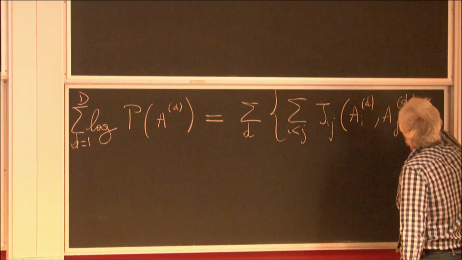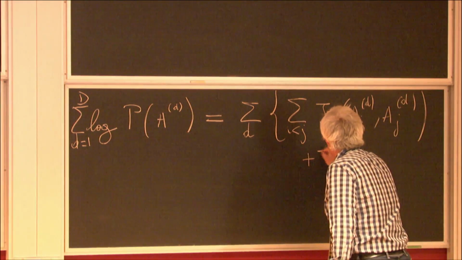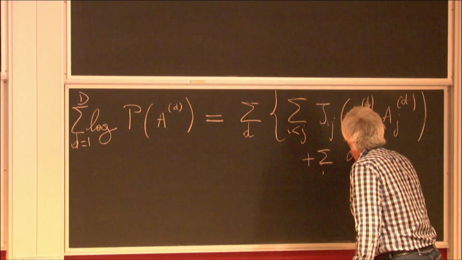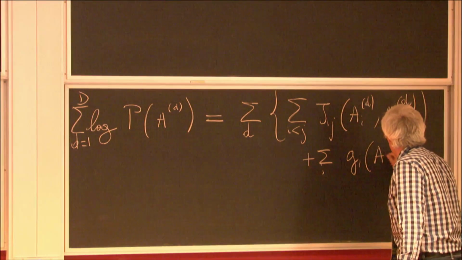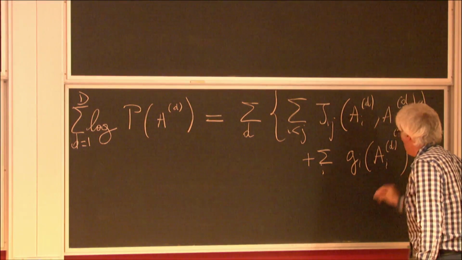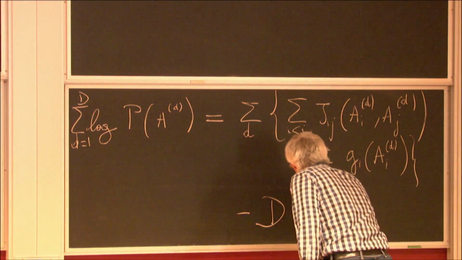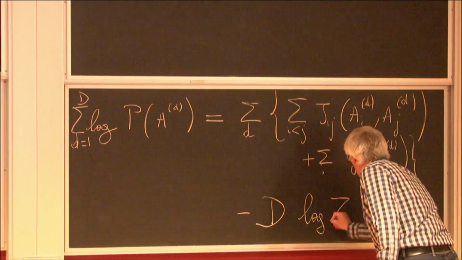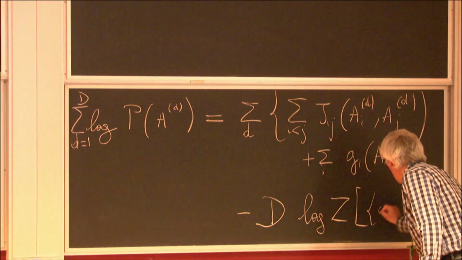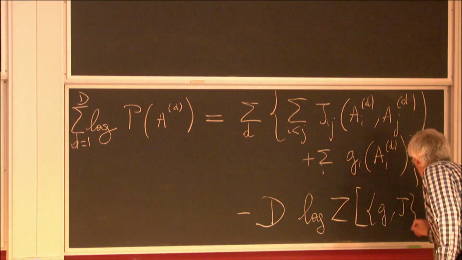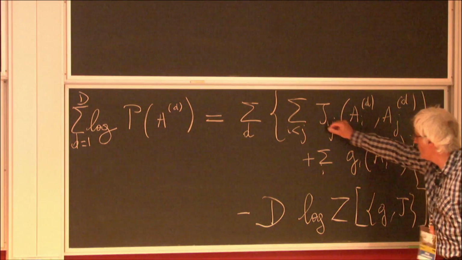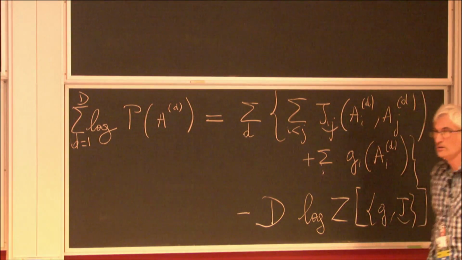You get similar terms for the fields. Okay? And then you get minus D times the log of a partition function, which is a function of all the G's and all the J's. And you want to maximize. So the J's are here and here.